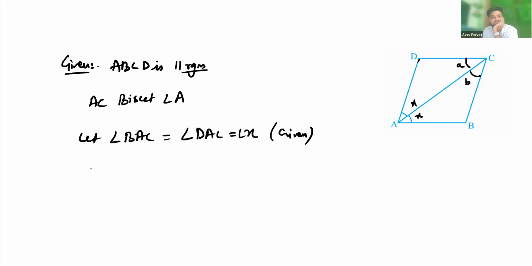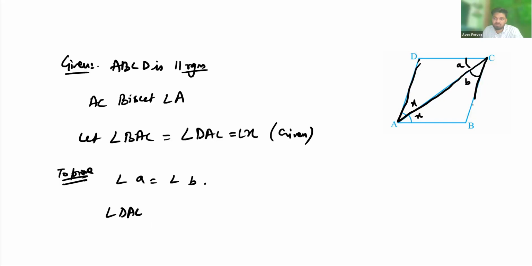Then what is being asked? To prove angle A is equal to angle B. Now you know that angle X, or you can write angle DAC, this angle will be equal to angle B. Why?